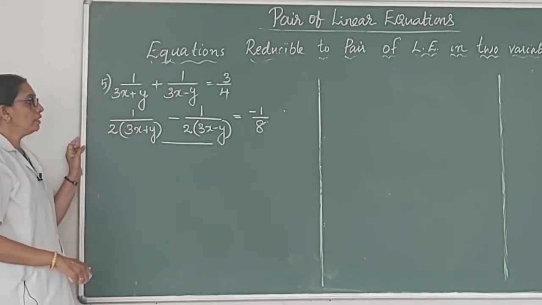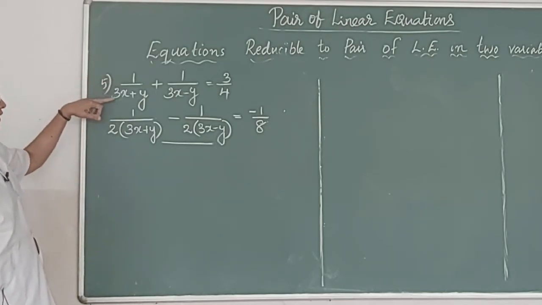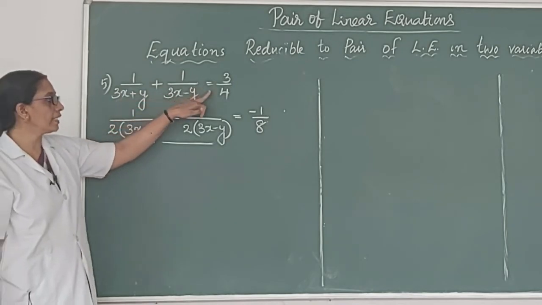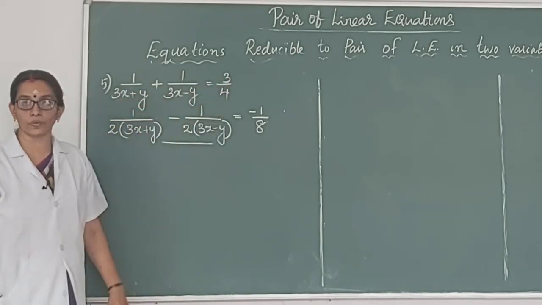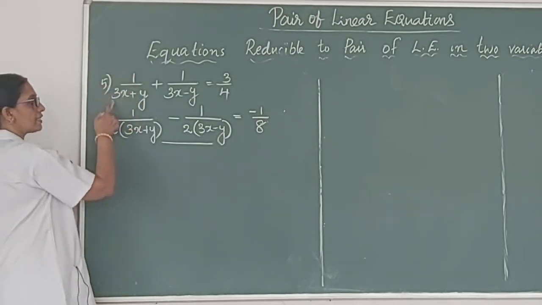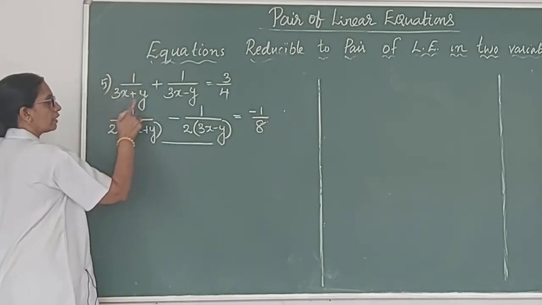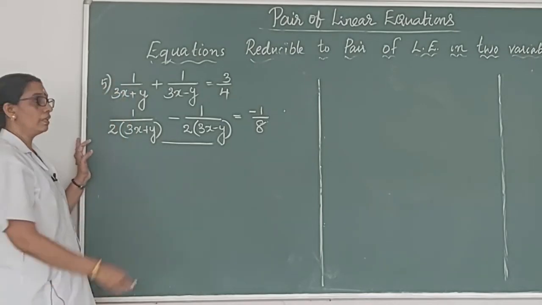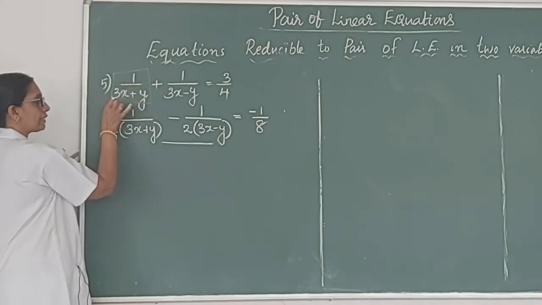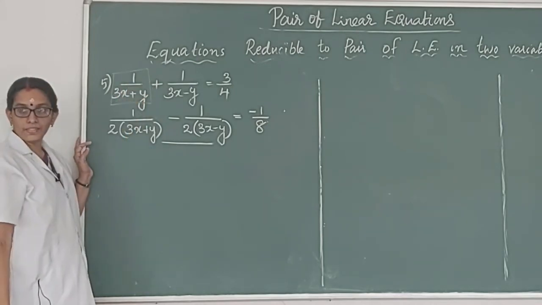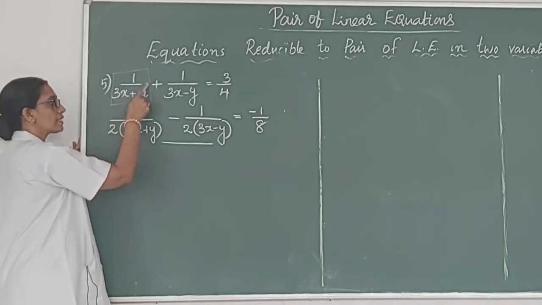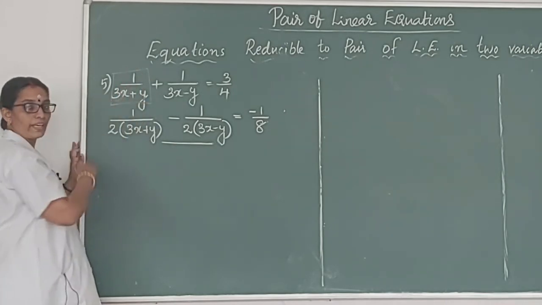Okay, children. So, first equation 1 by 3x plus y plus 1 by 3x minus y is equal to 3 by 4. What is the variable part in this term? This completely is a variable part, 1 by 3x plus y, isn't it? So, we have to give substitution for this 1 by 3x plus y.